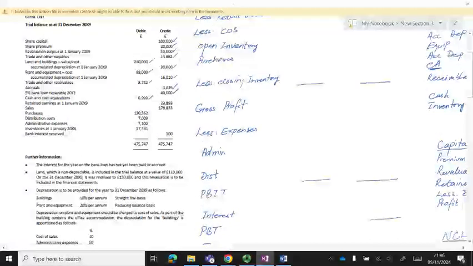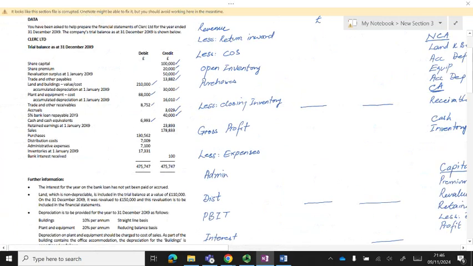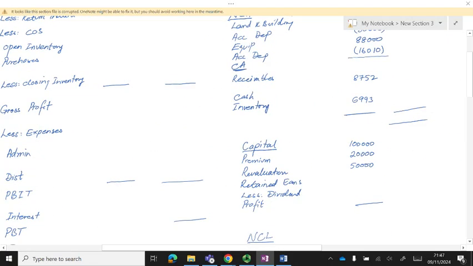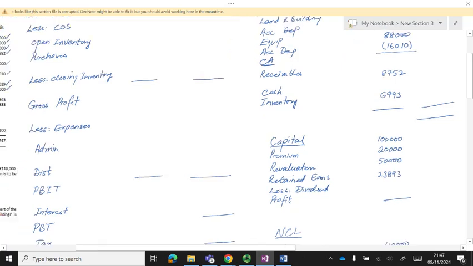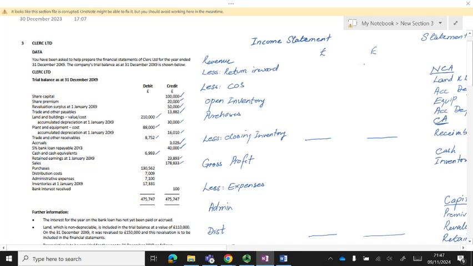Cash and cash equivalent is 6,993. Retained earnings 23,893. Sales is 178,833.